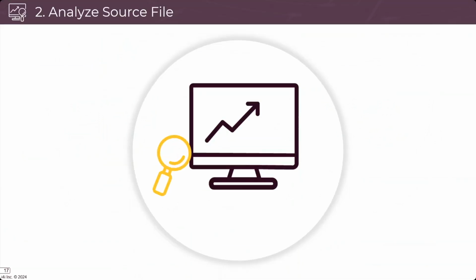Once all required source materials and instructions are gathered, our first step is to thoroughly analyze the source files. The assigned team member will carefully review each document and all provided information to confirm that everything necessary is present and the instructions are clear.